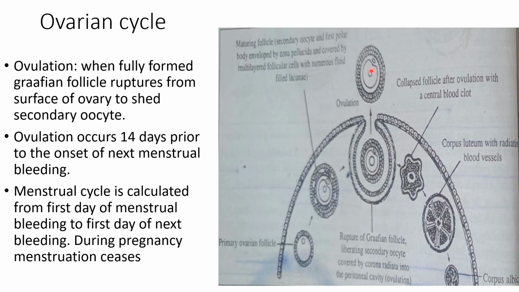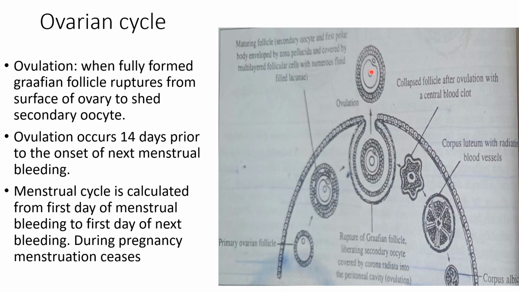The larger daughter cell, which has haploid number of chromosomes and abundant maternal cytoplasm, is known as mature ovum, and the second polar body, which has scanty cytoplasm and haploid number of chromosomes, is released in the perivitelline space. So when the ovum is released during ovulation, we can see there is secondary oocyte, there is first polar body, and it is surrounded by cumulus oophorus. So this cumulus oophorus will later give rise to the corona radiata.